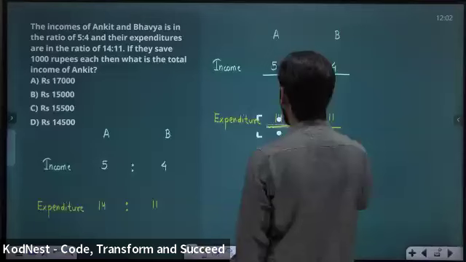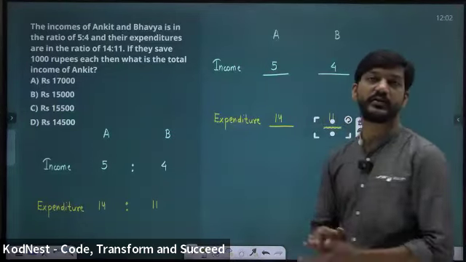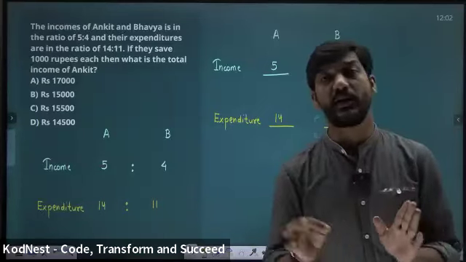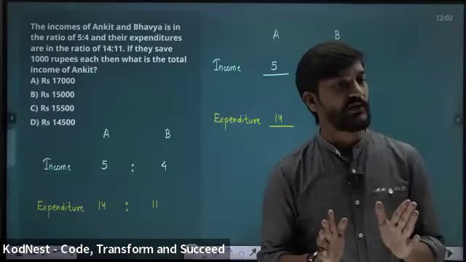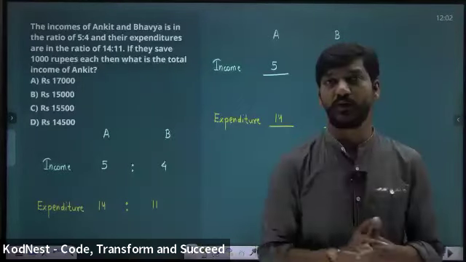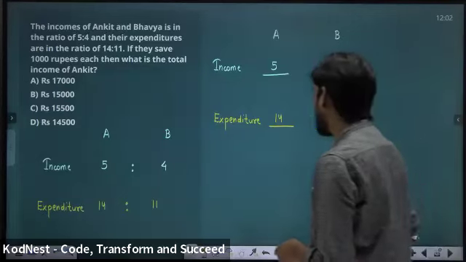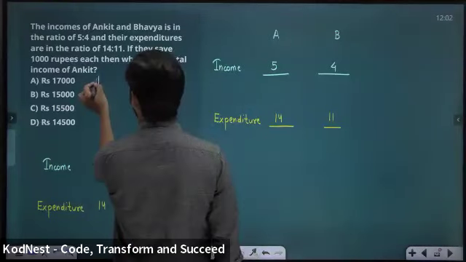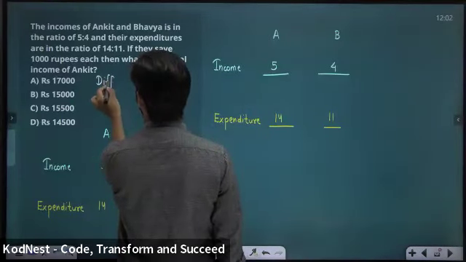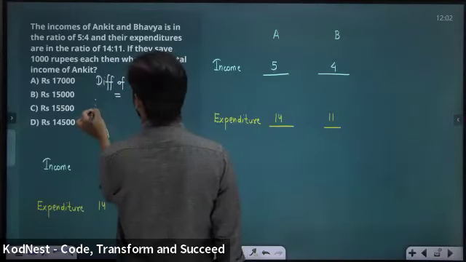Values we'll see later. First, we need to check the conditions. There is one condition in this situation. What is that condition? We have just discussed about it. Difference of income should be equal to difference of expenditure. Yes or not?